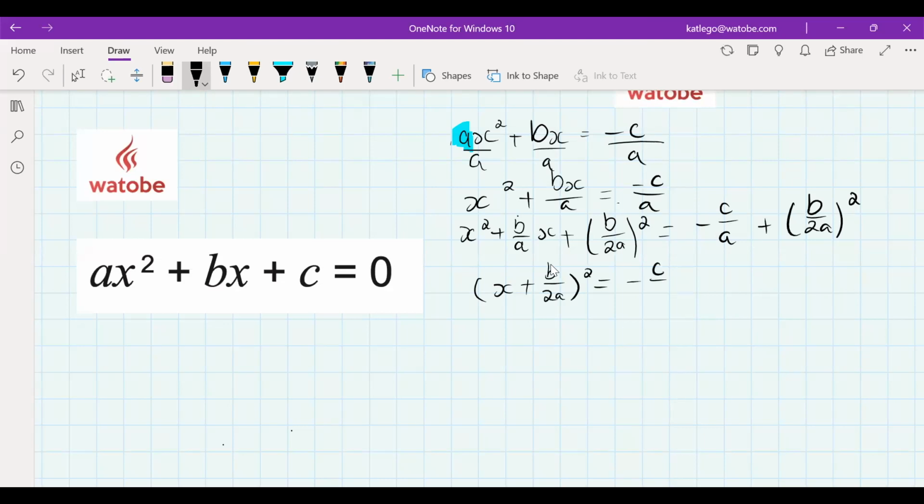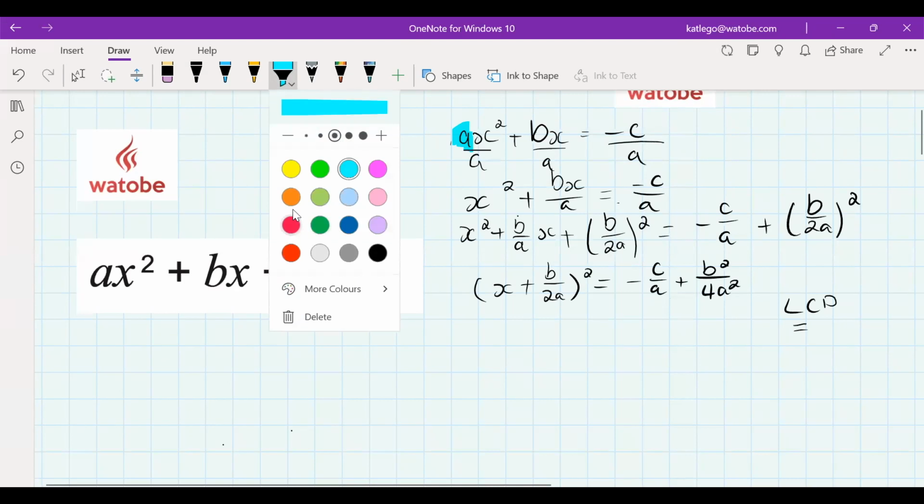On this side, we have negative c over a plus b squared over 4a squared. The reason I squared this bracket is we have to find our LCD. Tell me what the LCD is on our right. What's the LCD on our right, between these two? 4.